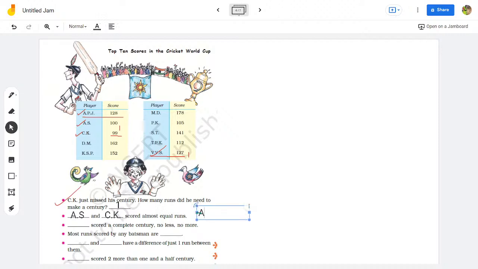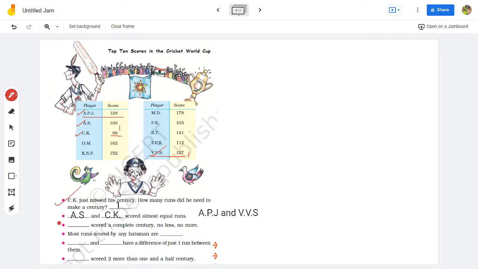They also have a difference of 1 score. The rest of them are quite far from each other, so we can leave that. Now let's move on to the third question.